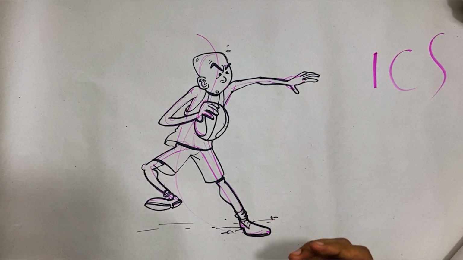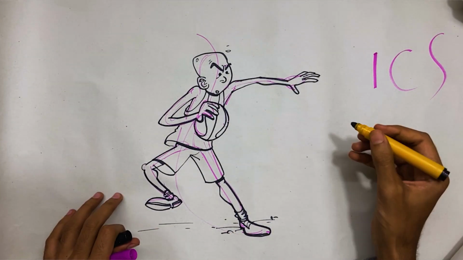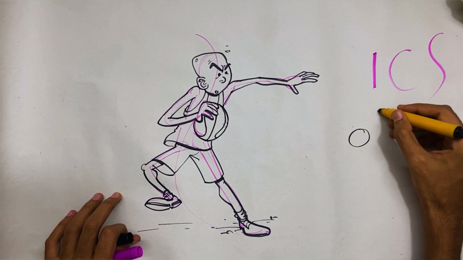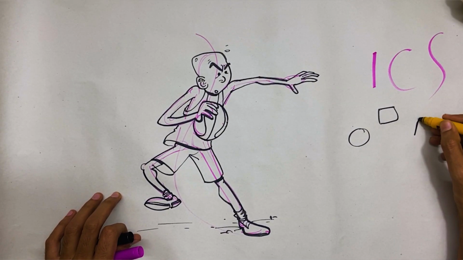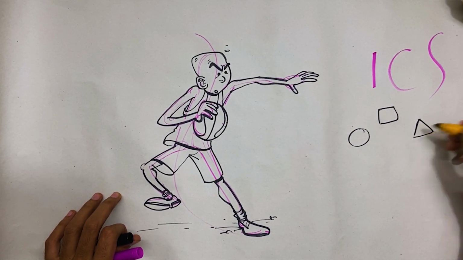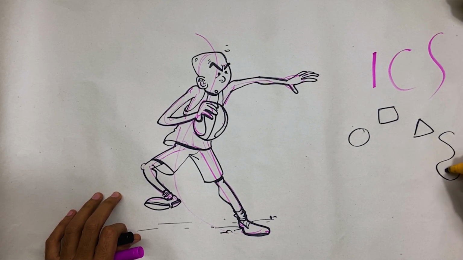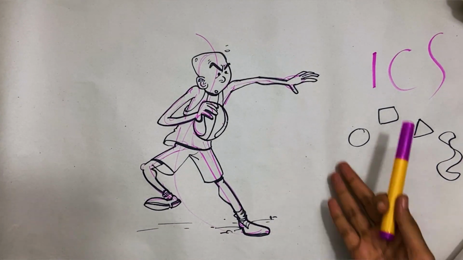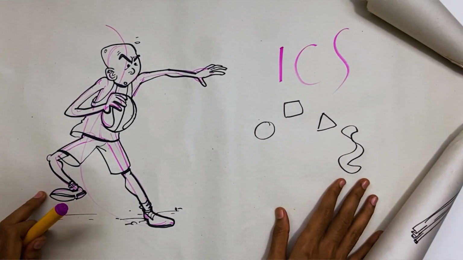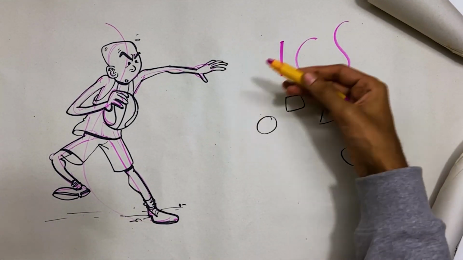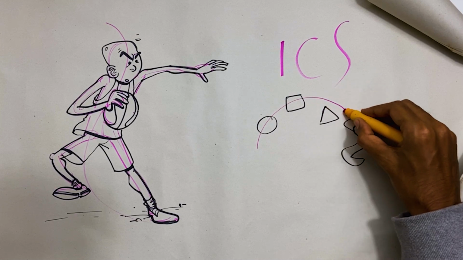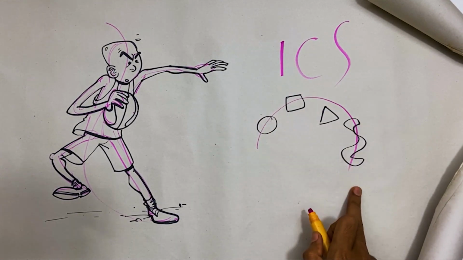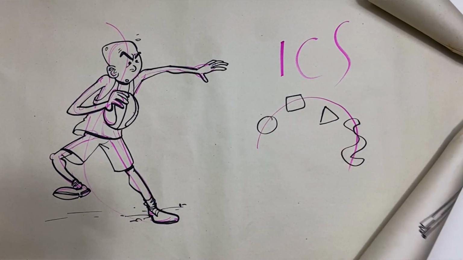Suppose in an arbitrary space there is a sphere, a triangle, a square and a random shape. Even though I have just randomly drawn these shapes, you can still see this line over there, an invisible line connecting them.